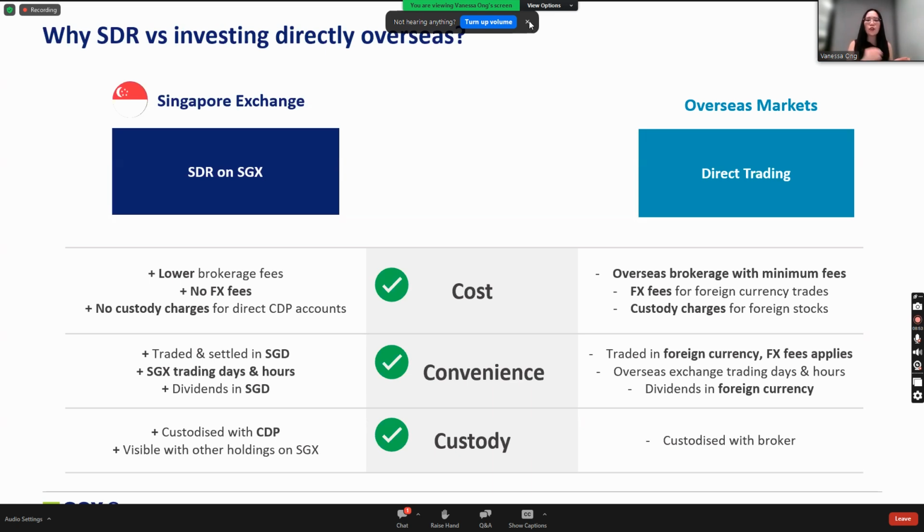The SDRs trade on SGX in our trading days and hours, and are traded and settled in SGD, as compared to being traded in a foreign currency with an additional FX fee applying. And lastly, the SDRs are custodized with CDP and are visible with all your other SGX holdings, as compared to being custodized with an overseas broker.